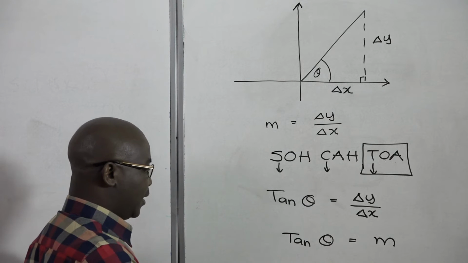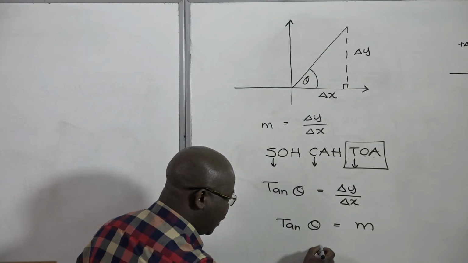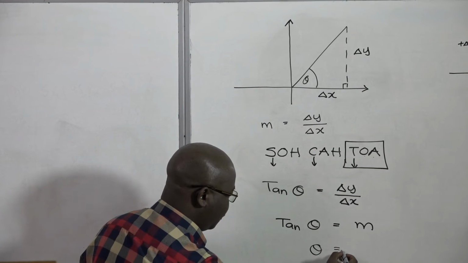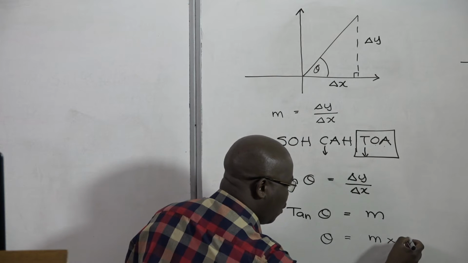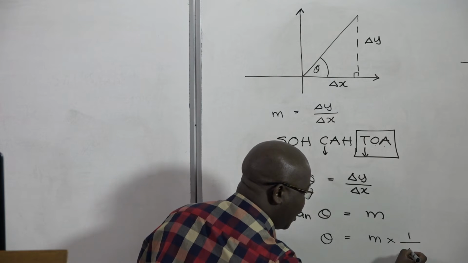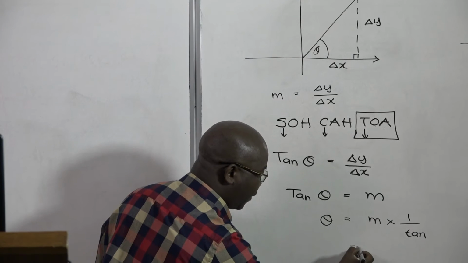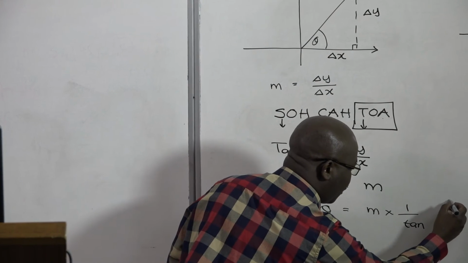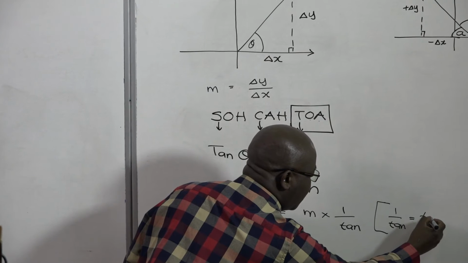We can then say, therefore, what is theta? Theta will be equal to the inverse of tan applied to m, which is the arctan.